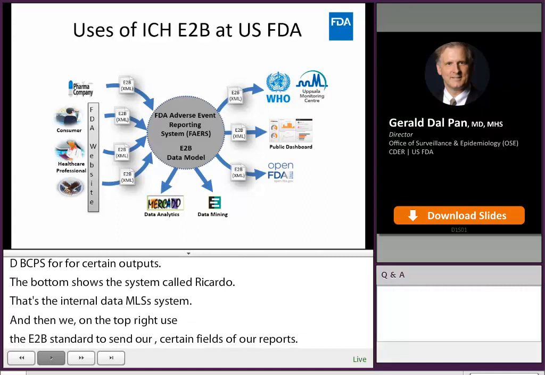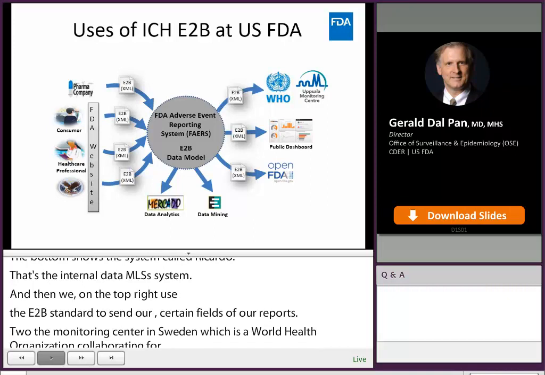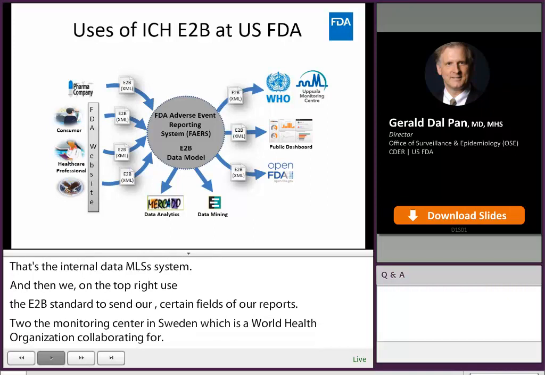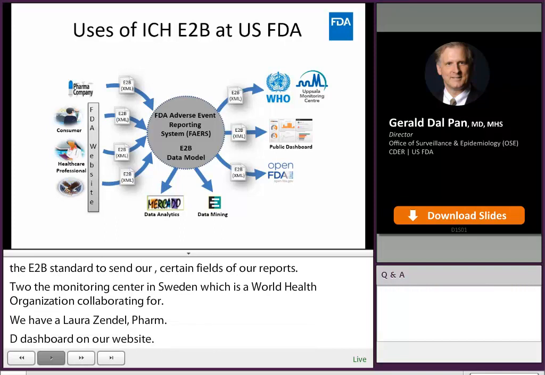We have a FAERS public dashboard on our website. People can search for numbers of reports for particular drugs and particular adverse events. And an alternative way for researchers to get such data is through the OpenFDA Initiative.